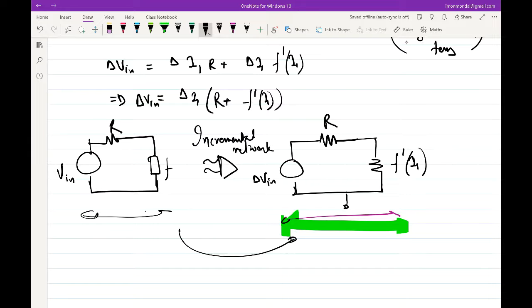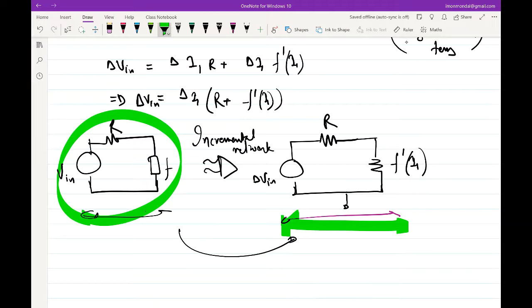We start off with this network, and we were told that a generic solution is not possible. So we found one solution with a lot of effort, I1, V1, and so on. And then we said that you have a unique way of arriving at any other incremental values around I1, V1 by simply going from the circuit on the left to the circuit on the right.